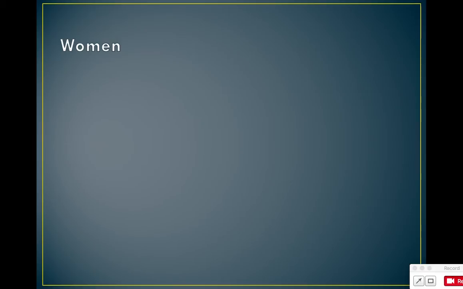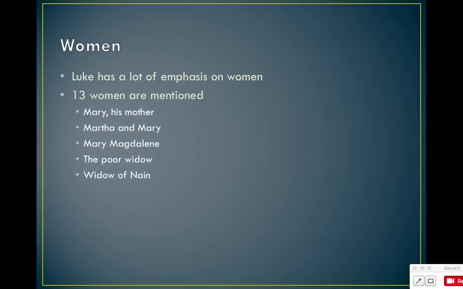And so to tell the stories about the women and to focus in on the women, Luke is focusing on those Gentiles, non-Jewish people, and trying to express the importance of the women that played a role in the stories. There are a total of 13 mentioned. Some are repeated, and I don't have all 13 mentioned.